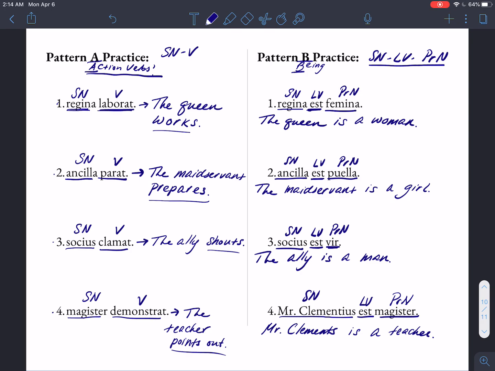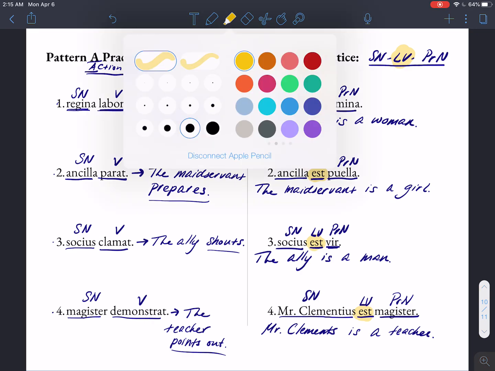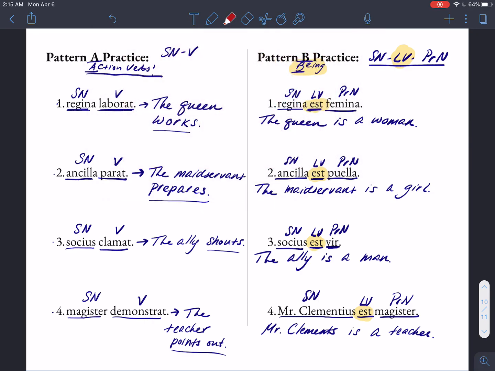So, remember, each of these, okay, pattern B is a pattern of being, and you need a linking verb for that, okay, and that is est. Okay, each of these sentences has est in it. Okay, and I'd also like to point out that all of these words here, regina, femina, ancilla, puella, socius, vir, Mr. Clemens, and magister, those are all in the nominative case.